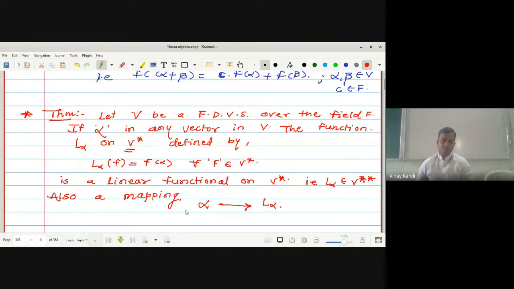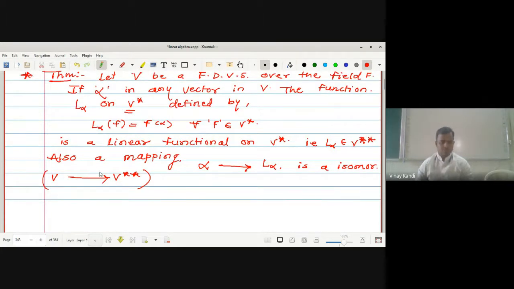Okay, where does alpha come from? From V. And where is L alpha? In V double star. Okay, we define one mapping V to V double star, alpha to L alpha, which is an isomorphism of V onto V double star. It will be onto also: an onto isomorphism of V onto V double star.